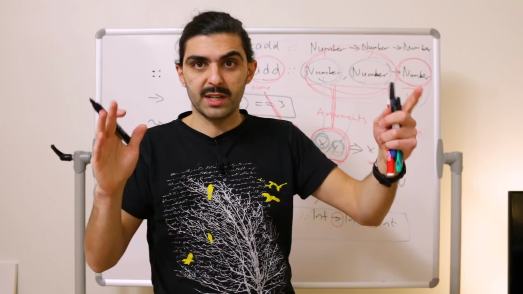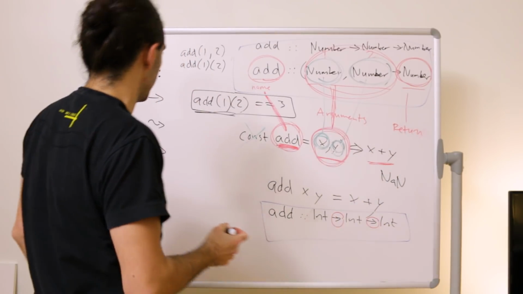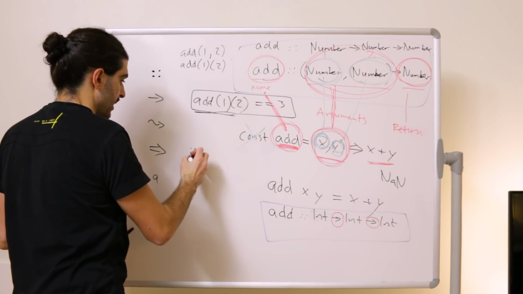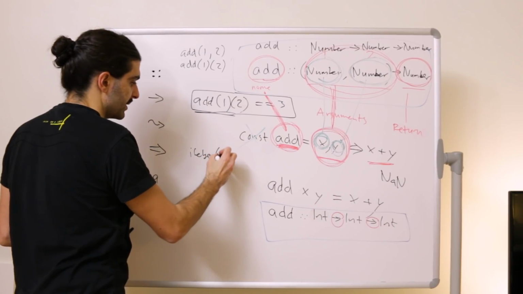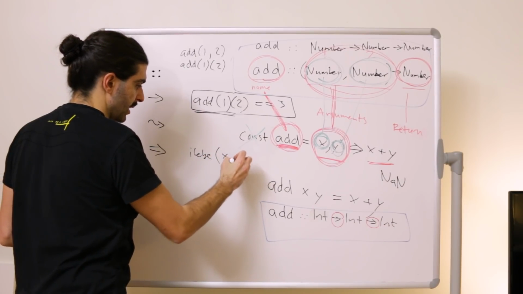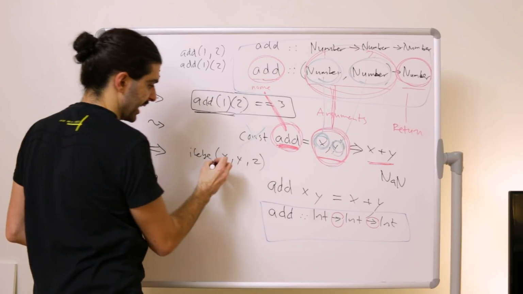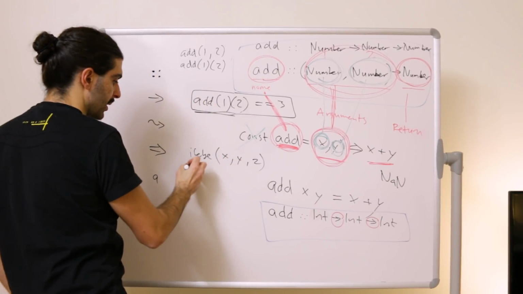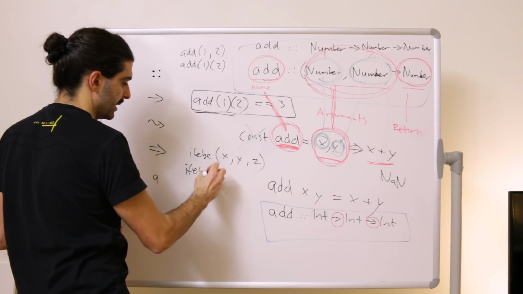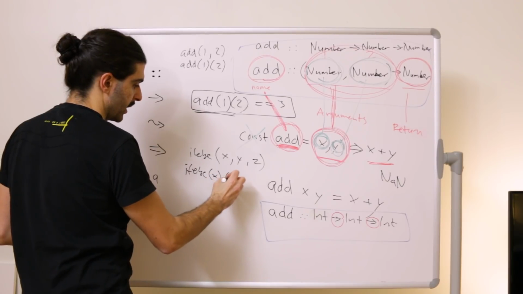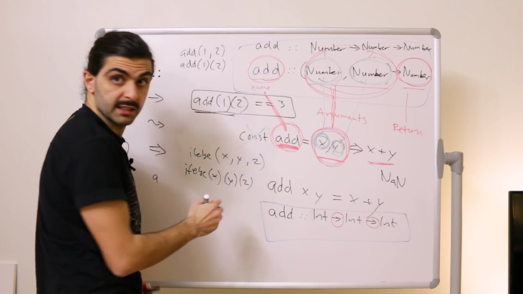It takes 3 arguments. So you might have this function ifElse, and do you call it like this, x, comma, y, comma, z, or do you call it like this, ifElse x, y, z?